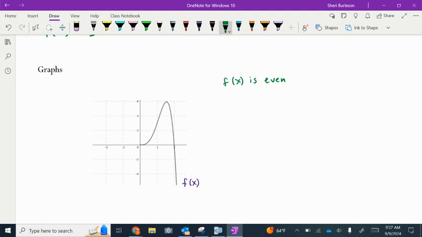Can you complete this graph if I tell you the function is even? If a function is even, it has y-axis symmetry, right? Finish the graph if f of x is even.